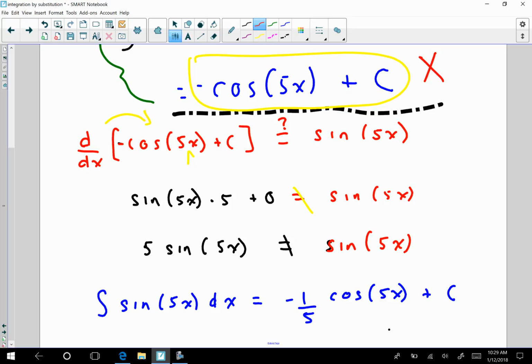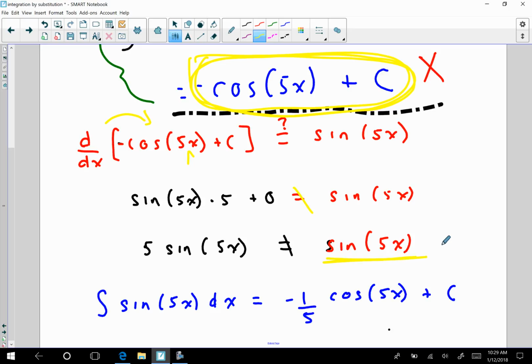And I can actually think about, well, what would I do? What could I add to this guy right here? Or what could I multiply to that, would be a better way to say that, so that when I do differentiate it, I do end up where I want it to be, which is sine of 5x.